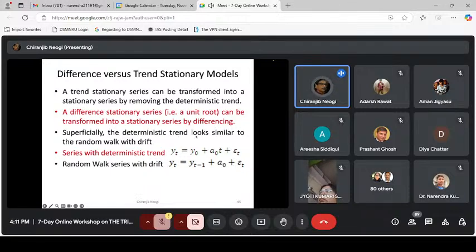Superficially, the deterministic trend looks similar to the random walk with drift, but there is some difference. This is the random walk with drift, and this is the deterministic time trend.